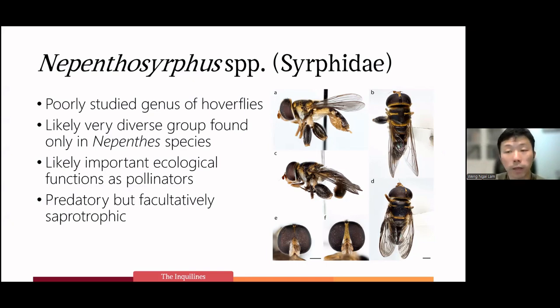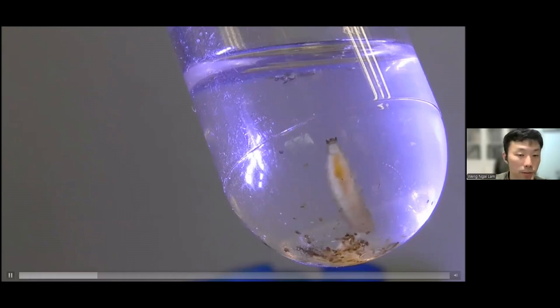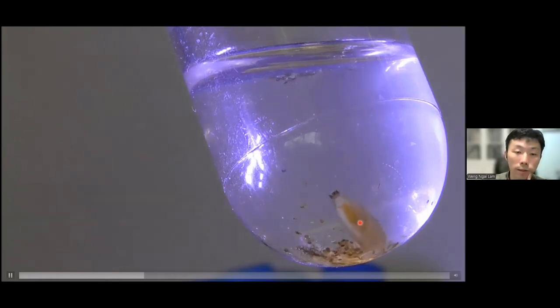I will not be surprised that there are tens, many tens, maybe even hundreds more out there that are mutualists in other Nepenthes species that have yet to be studied. And if we know anything about hoverflies, they are important pollinators, and so these are probably very important ecologically as well. They are predatory. I'm going to show you a video. It's a very cool video of them feeding. I apologize for the sound; it's a bit weird, but see, that's the Nepenthes.